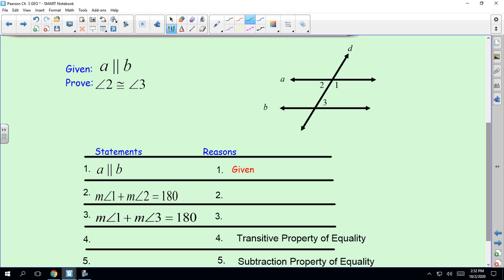So we start with A parallel to B, that's a given. And we move on to the second step, measure of angle 1 plus measure of angle 2 equal 180 because they are a linear pair. You could also write that they're supplementary, but they're supplementary because they are a linear pair.